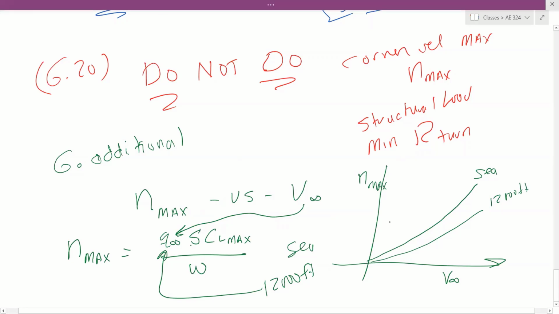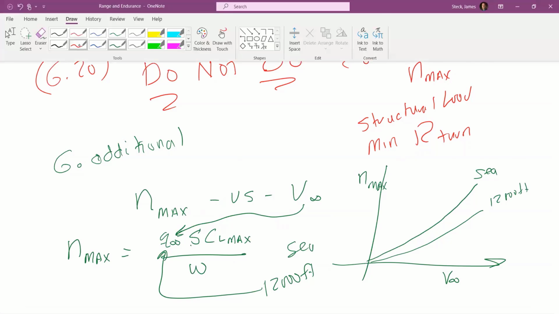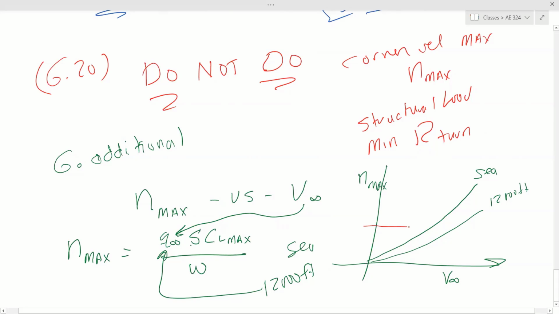And then make sure you draw in the VNE and the Nmax. And this is just data that you're given in the problem. So add these two lines to the plot of the sea level and 12,000 feet, and you've got your flight envelope.